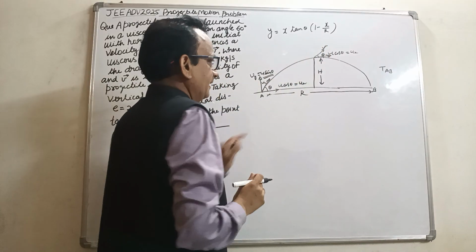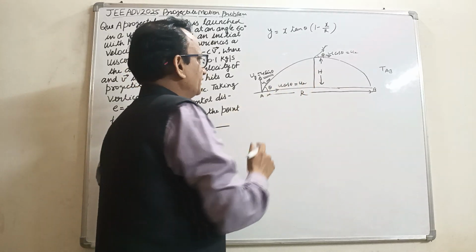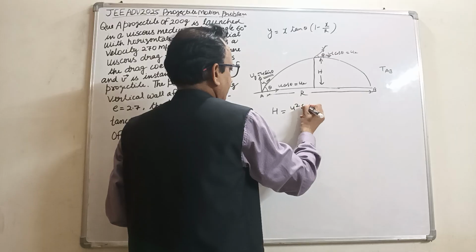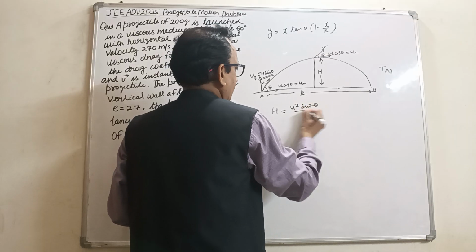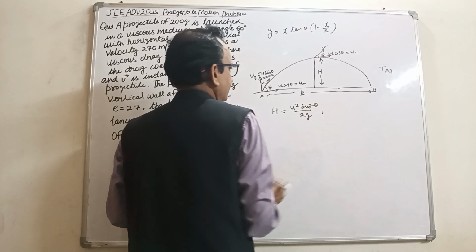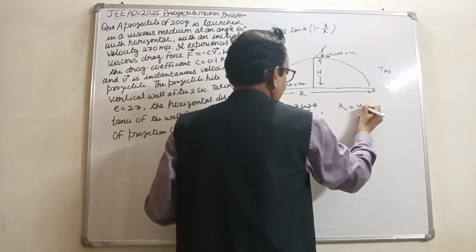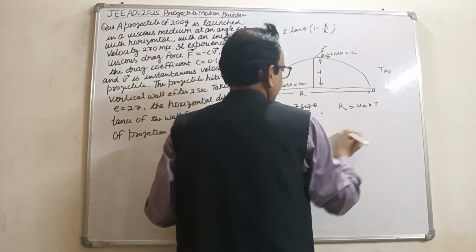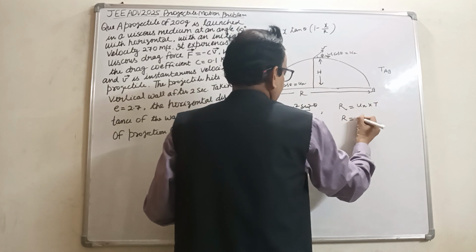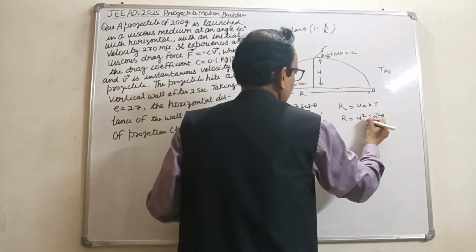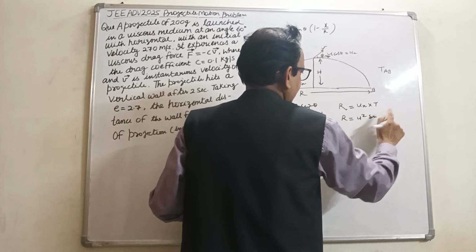We apply the kinematics equations. So we get the height as u square sin square theta over 2g. And what would be the range? Range would be ux into the time of flight, so range would be u square sin 2 theta over g.